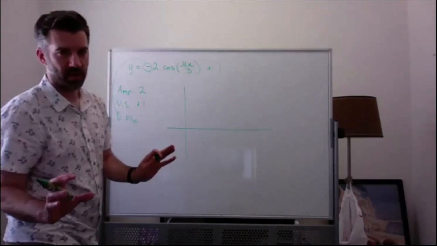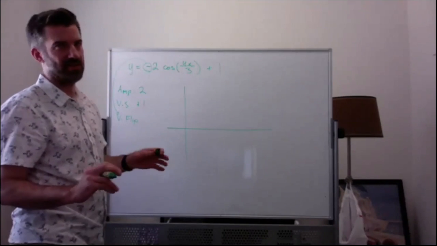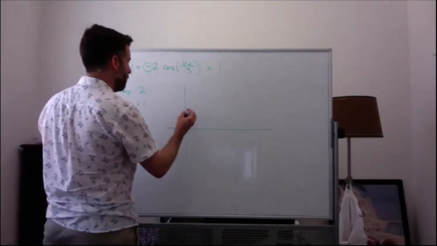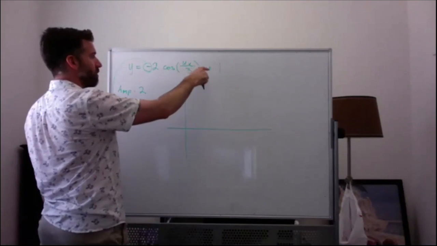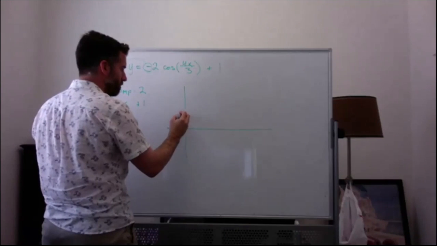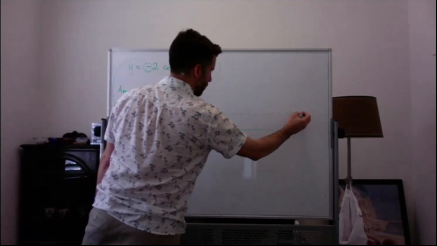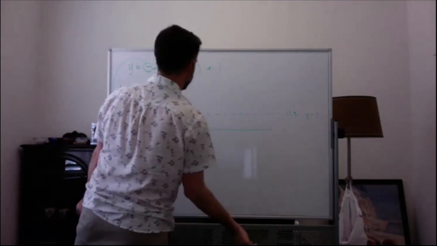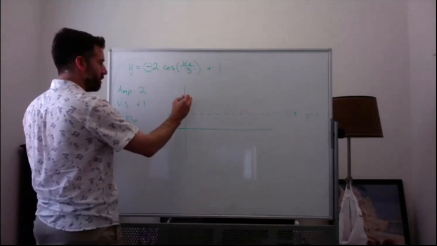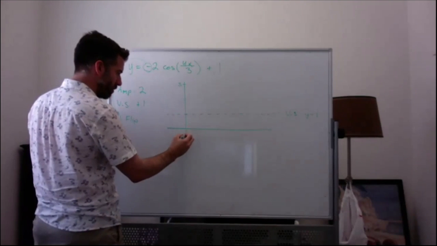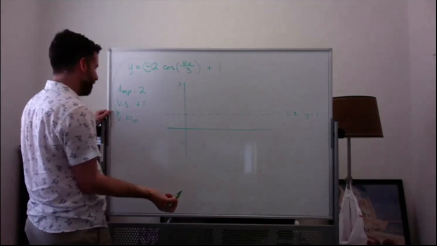Notice I haven't found my period stuff yet, because I want to show you that you don't really have to find the period until the end if you don't want to. I know this one's going to have a midline of +1, so my vertical shift is y equal to 1. And I'm going to be going 2 above to 3 and 2 below to -1.